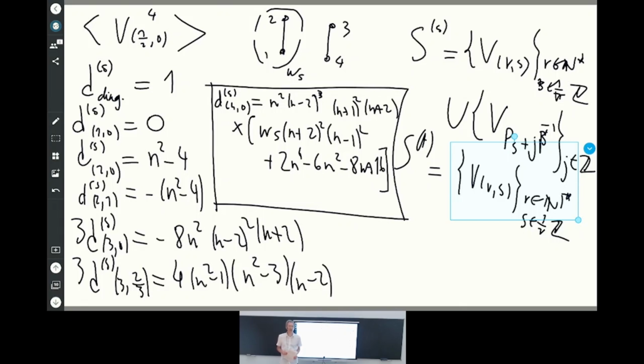Yes? Have we guessed at least the degree of the polynomial from the weights? Is there some pattern in the degree in n and Ws? Yeah, that's a very good question. I don't really know, because what we did in practice was to just get a bunch of these polynomials and then guess the degree based on the pattern we see.